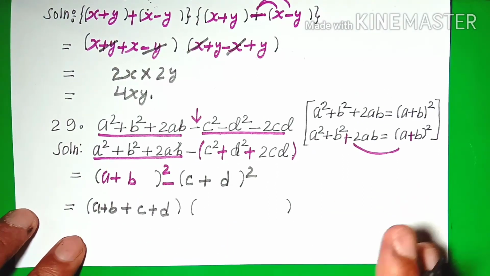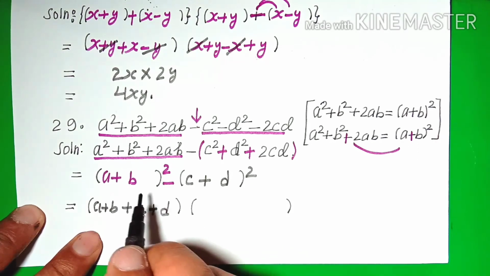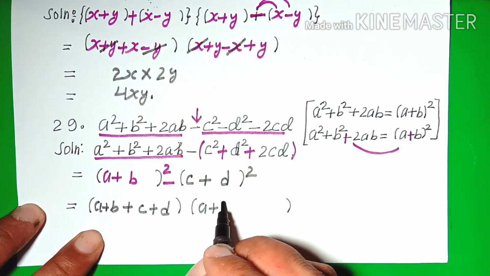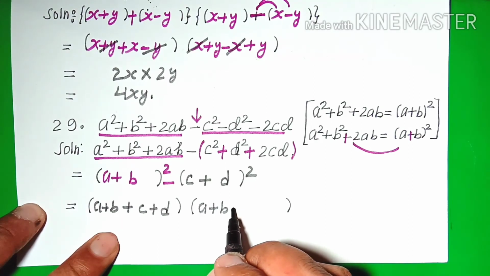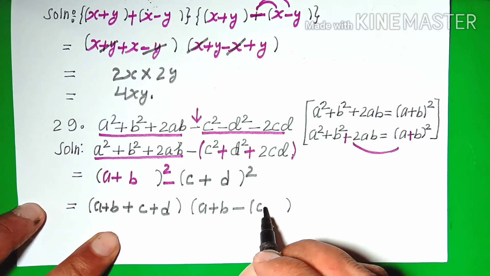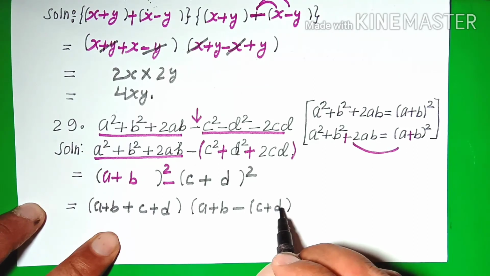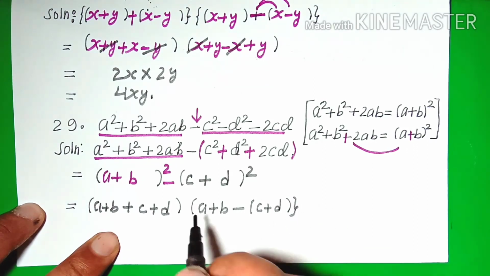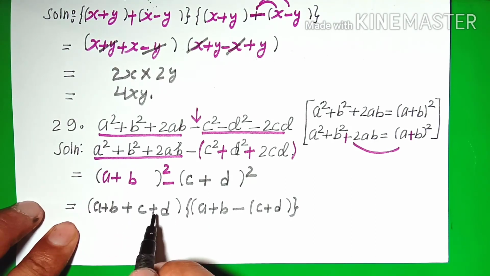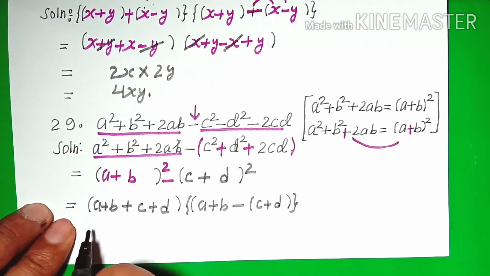The next one, a minus b. So a means a plus b, we have here minus, then again within the bracket c plus we can take d, use a curly bracket like this, and this side we don't need to take also because it will not affect with a positive sign here.